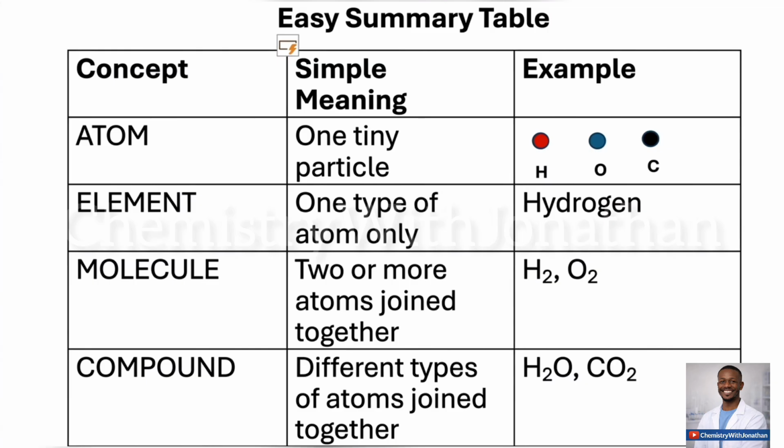An example is we have hydrogen element, oxygen as an element, carbon as an element. Then we have molecule. It contains two or more atoms of the same element joined together. Example is H2, O2. Then we talk of compound. It contains different types of atoms joined together. An example of that is what? H2O, CO2.